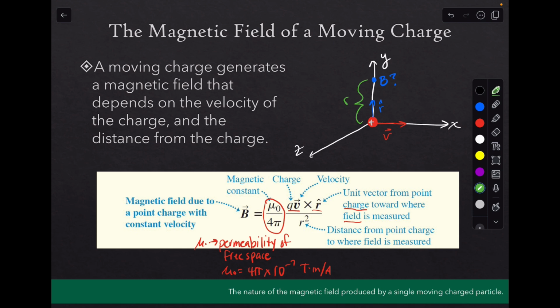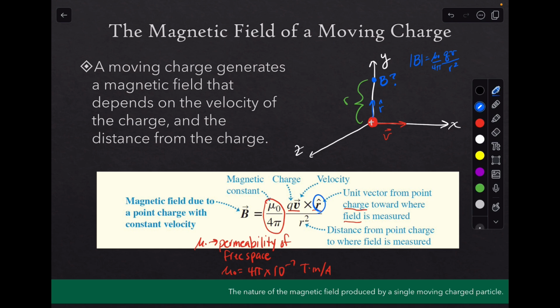So if we kind of put all that together, what do we see? Well, our magnetic field magnitude is going to be mu naught over 4 pi QV over r squared, right? Because the magnitude of a unit vector is 1, so there's no r here, right? That's the number 1.